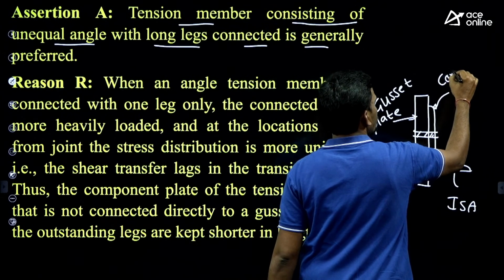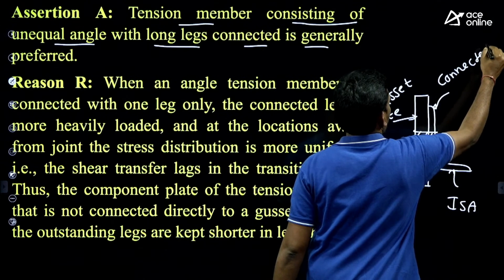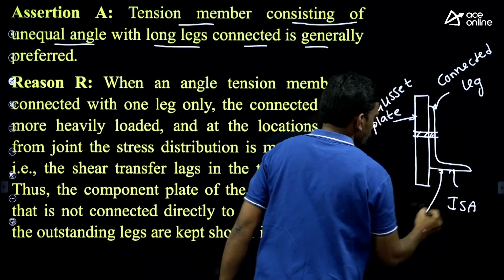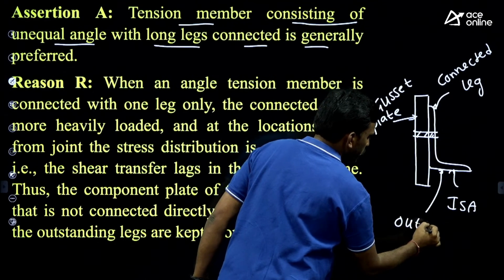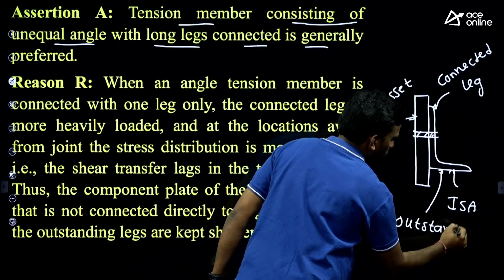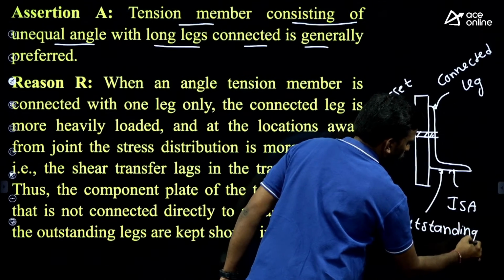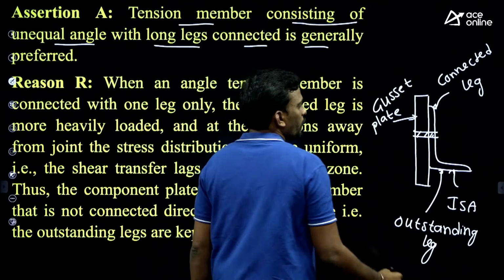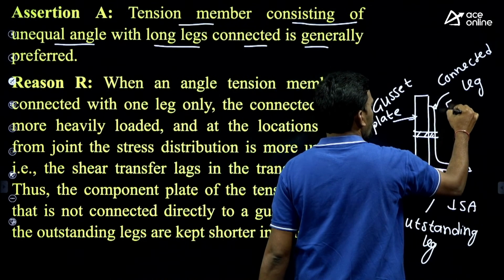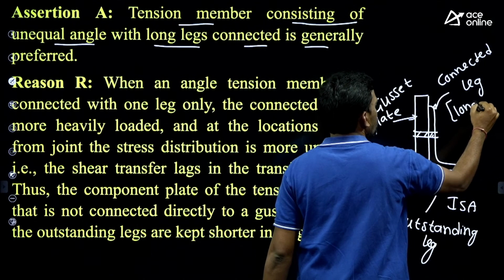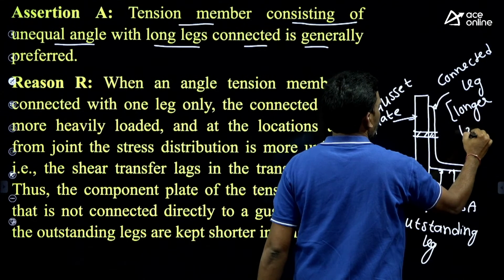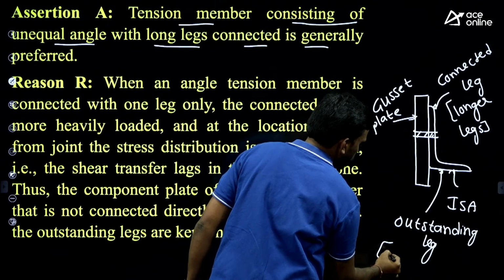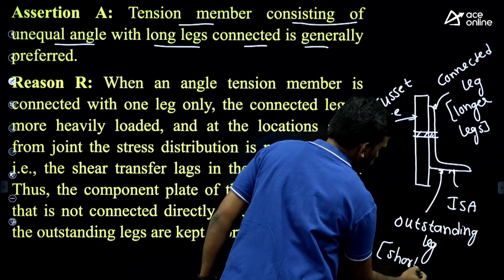This is the connected leg and this is the outstanding leg. Students, always the connected legs are longer legs. Can anyone tell why connected legs are longer legs and outstanding legs are shorter legs, right?